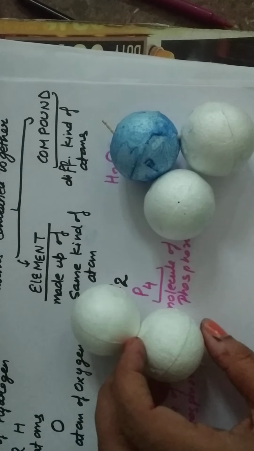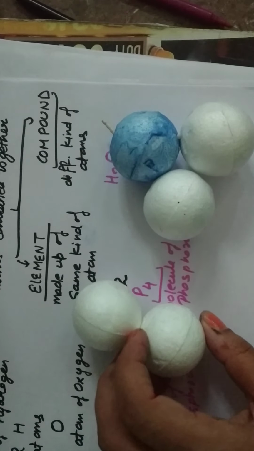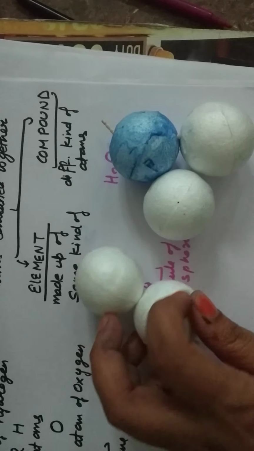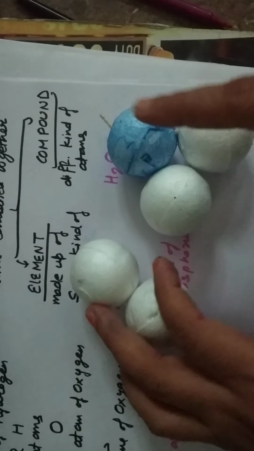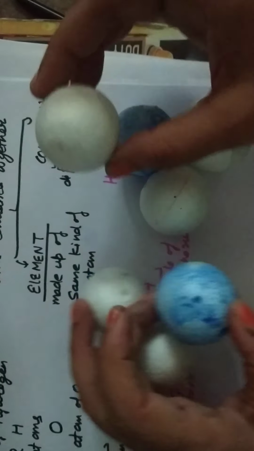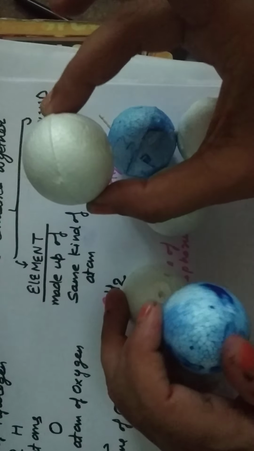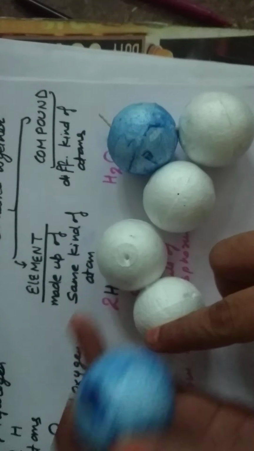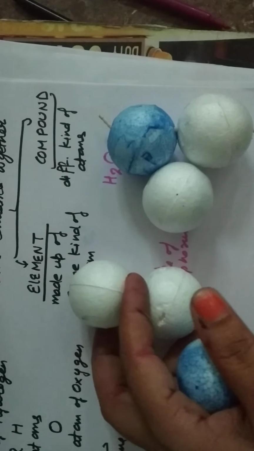If this is a hydrogen atom and this is oxygen, this represents one atom of oxygen, this represents one atom of hydrogen, and this represents one molecule of hydrogen.